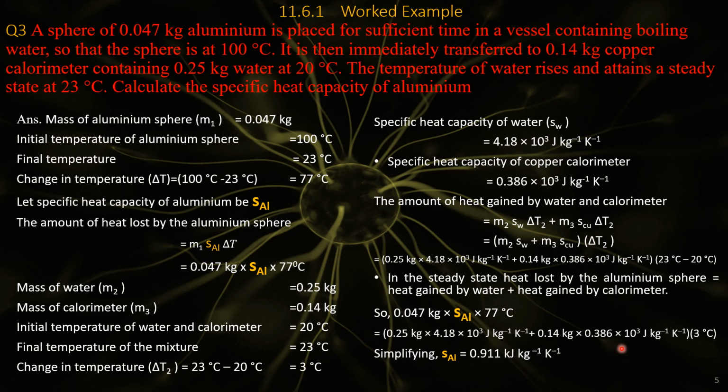Substituting and simplifying, we get the value of specific heat of aluminium as 0.911 kilojoules per kg per Kelvin. Kilojoules, please note this. Simplifying, you will get it.